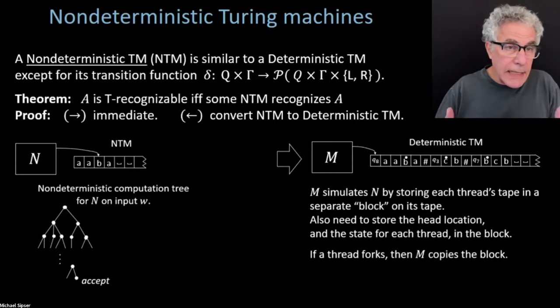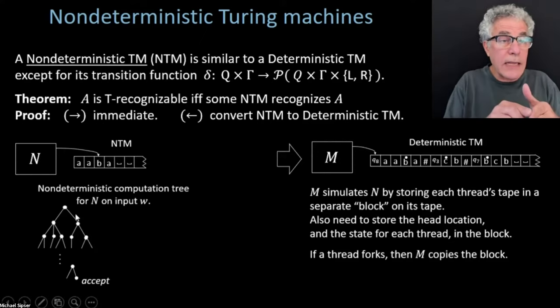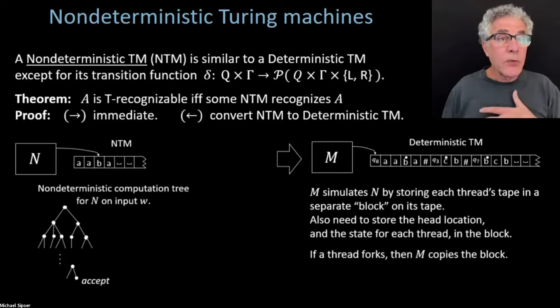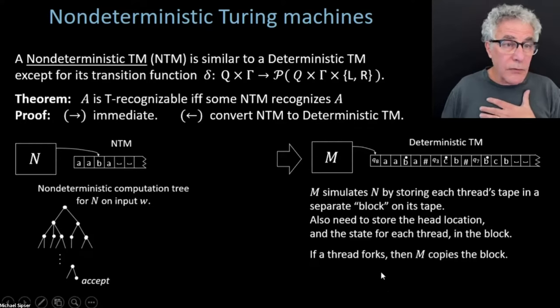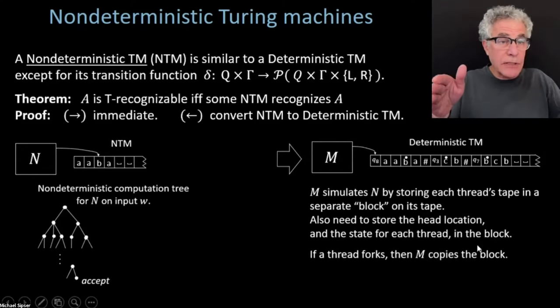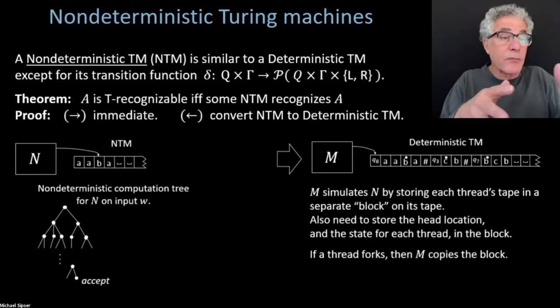There again, similar to before, there might be some special situations arising. So for example, N is nondeterministic, so a thread might fork into 2 threads. What do we do then? Well, the reasonable thing: if there's a forking thread, M copies that block, makes 2 copies of the block, or however many copies you need, to correspond to the possibilities that that thread is branching into.